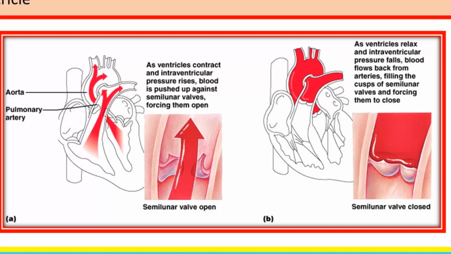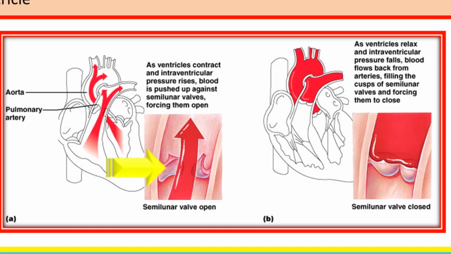After ventricular contraction, the recoil of the blood fills this pulmonary sinus and will force the cusps to close. As you can notice here, at the point blood is moving from the right ventricle to the pulmonary trunk, at the end of that phase, there will be a recoil.